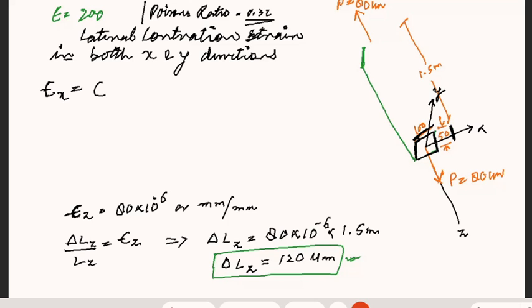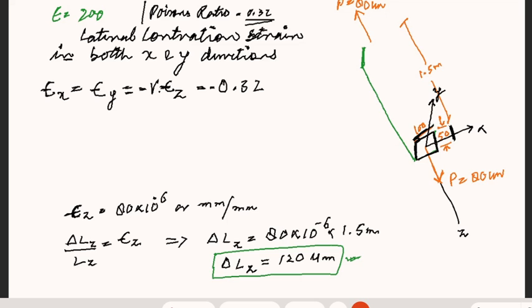Strain will remain the same in y direction, and that will be equal to nu times epsilon z. Now how much is your nu? That is 0.32, but it will be negative, right? It will be negative because it is contracting.